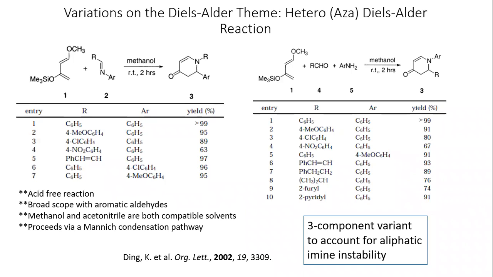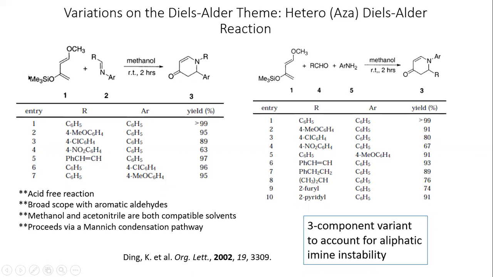All right. So the aza-Diels-Alder I have shown here was also done by Ding and co-workers, published in Organic Letters in 2002. So this particular reaction is an acid-free reaction, right? Normally, if you're using Danishefsky's diene, you need an acid to deprotect the TMS group right here.